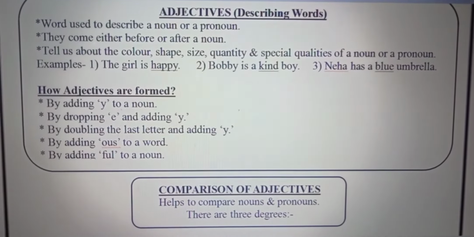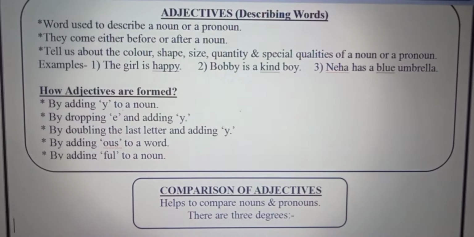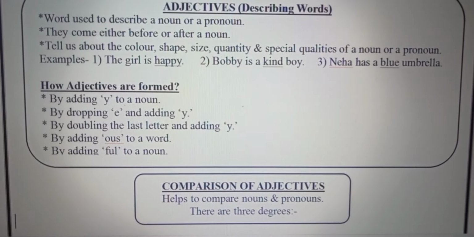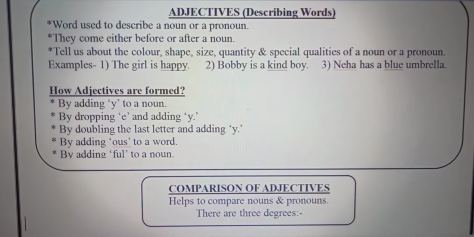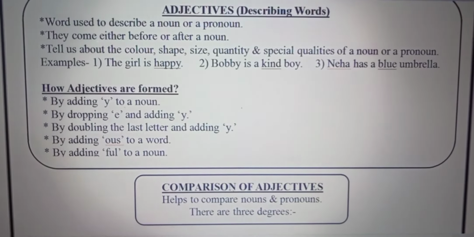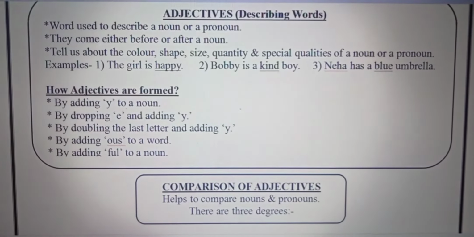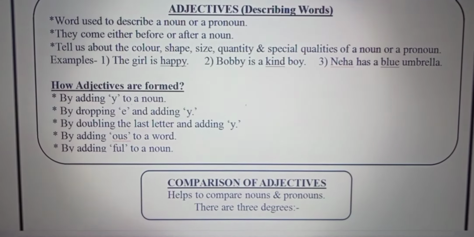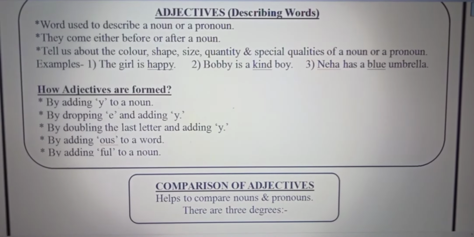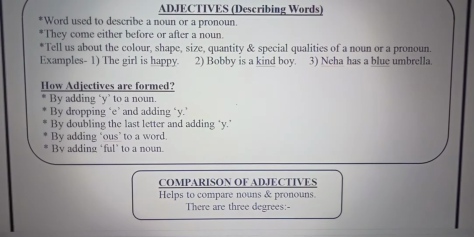Danger is changed to the adjective dangerous by adding O-U-S. Now the next point is by adding F-U-L to a noun. Example, help is changed to helpful by adding FUL. So these are the different ways in which we form adjectives.